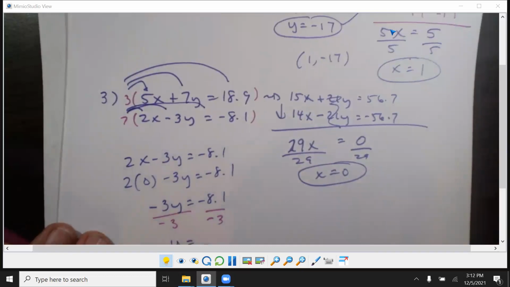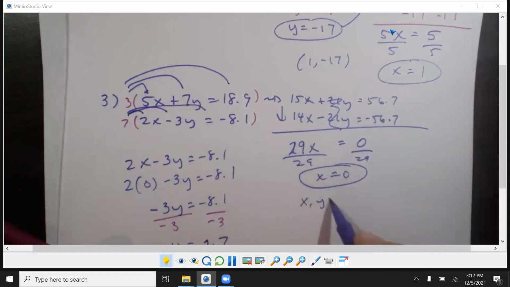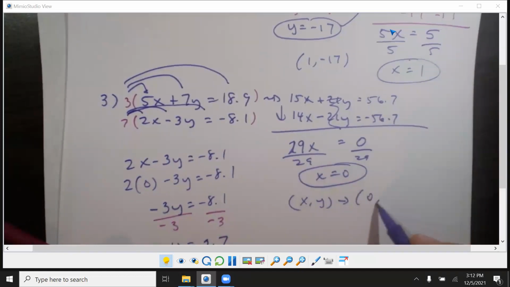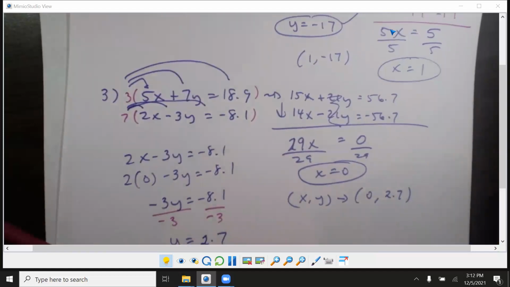My y is going to equal, so we take a calculator, and we're going to say 8.1 divided by 3, and we get 2.7. So my answer here for my x and my y is going to be 0 and 2.7. That's where the lines will intersect.